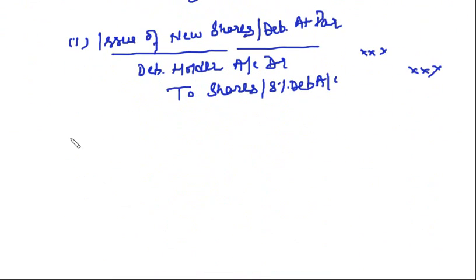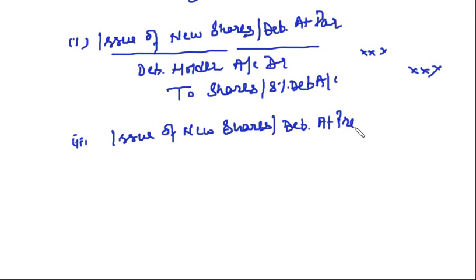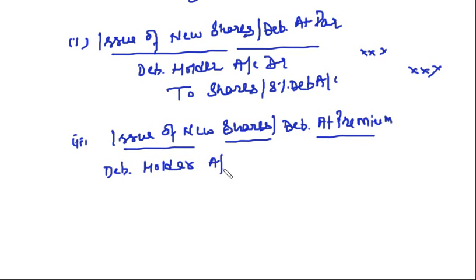Now if issue of new shares or another class of debentures is at premium, then very simple, again the debenture holder will be debited because we are writing off our liability to shares or say 8% debentures.